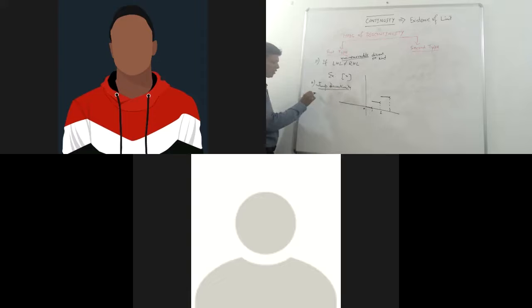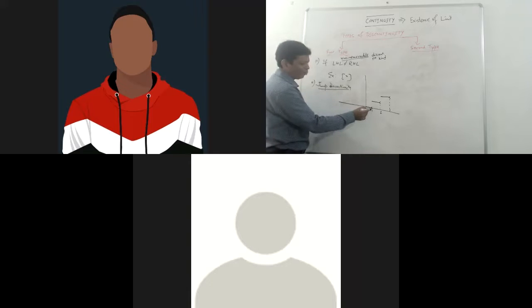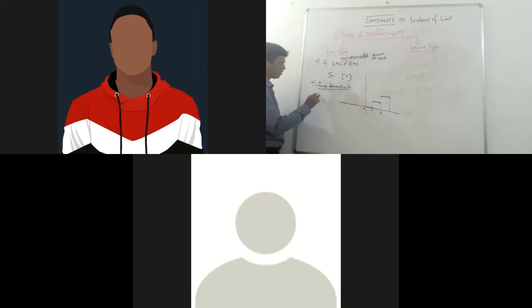What is the left hand limit at 1? It will be 0, right? So right hand limit minus left hand limit, that is f(x0+) minus f(x0-).